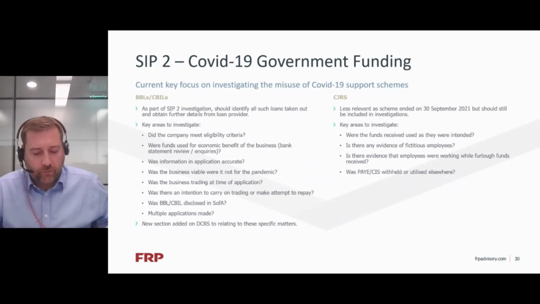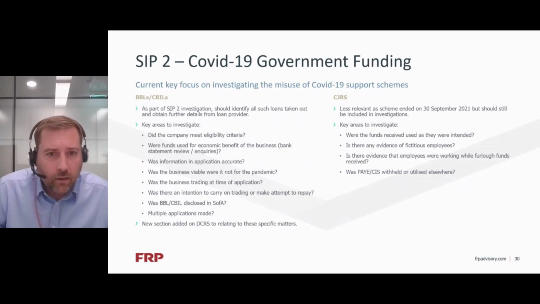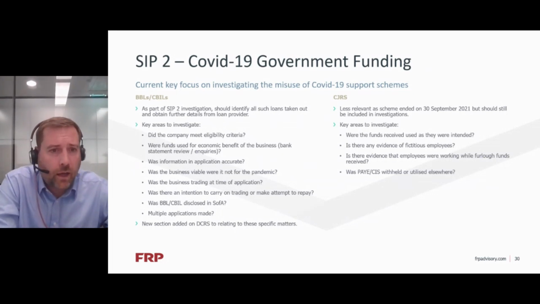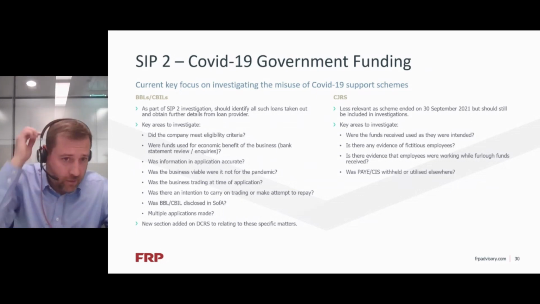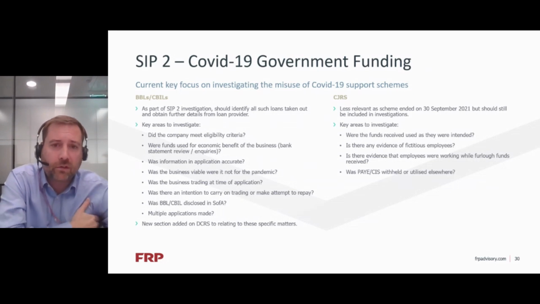Just in terms of government funding, as I mentioned earlier, it is a significant focus area in recent months. I guess many of us on this session will have war stories of misuse of COVID support schemes that we've encountered.